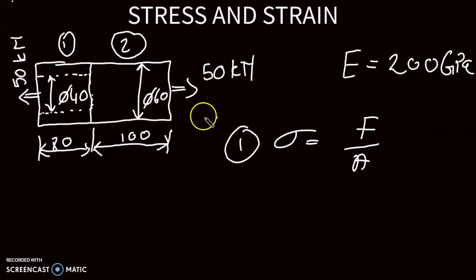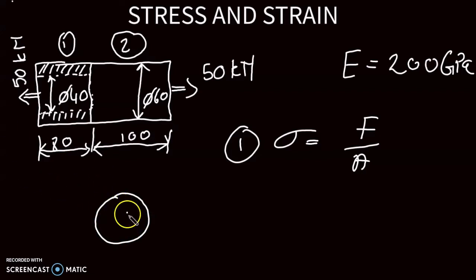So looking at the two members, for member number 1, we are only dealing with this area because this is a hole. So if we were to look for the side view, it will be something like this. This is the only part that we're dealing with, since this is a hole.